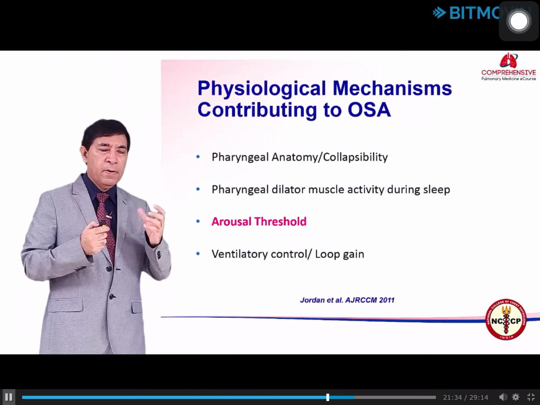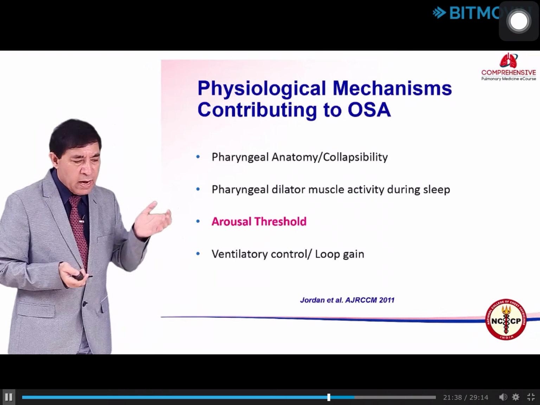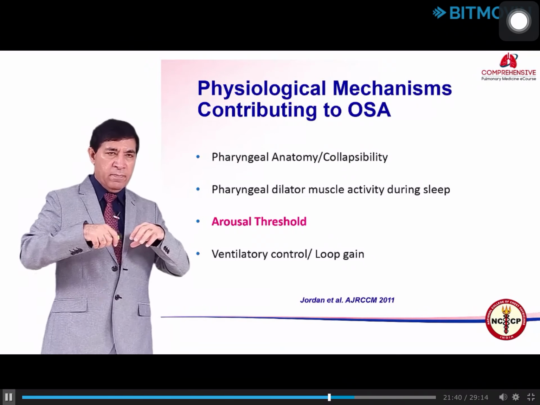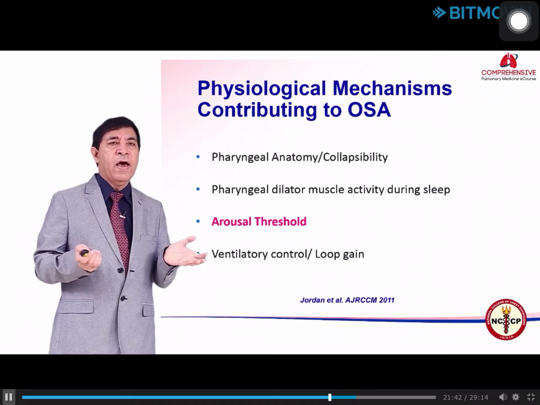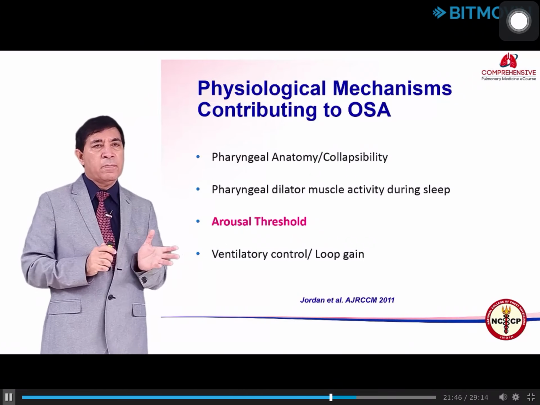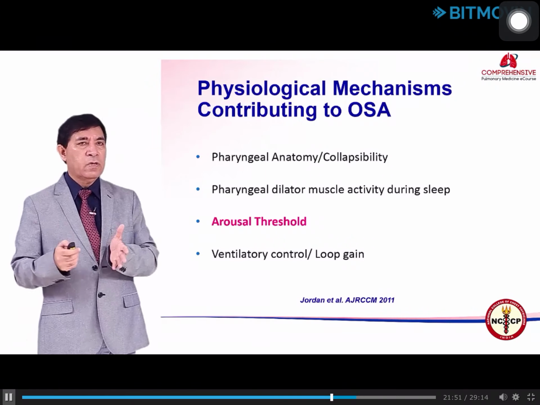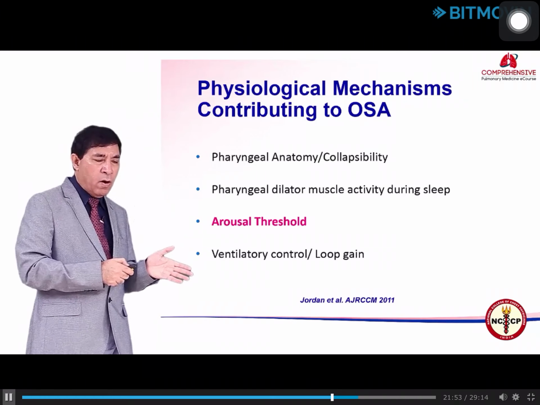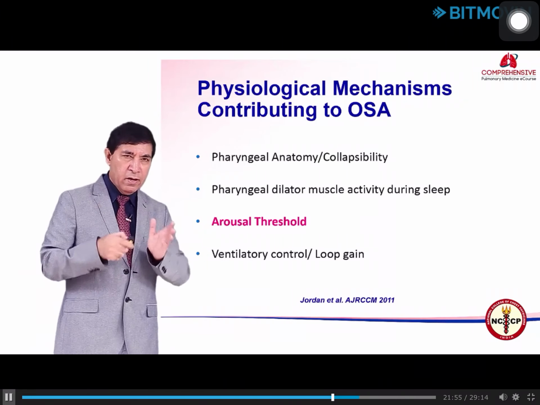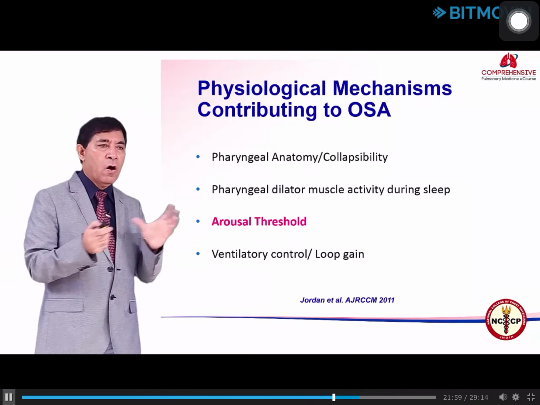And when they wake up, the pharyngeal dilator muscle activity returns to that of the awake state, and their pharynx opens up. So that's the way the apneas and hypopneas are terminated in patients with obstructive sleep apnea, that is with the arousal.